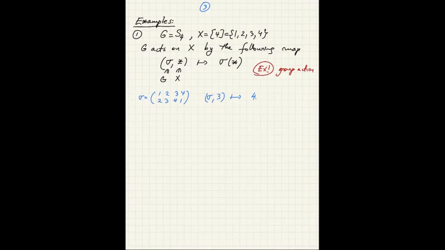All right. So what can we ask here? Well, one question would be, what are the orbits? If I give you an element x, let's take some element, let's say 4. What is the orbit of 4?